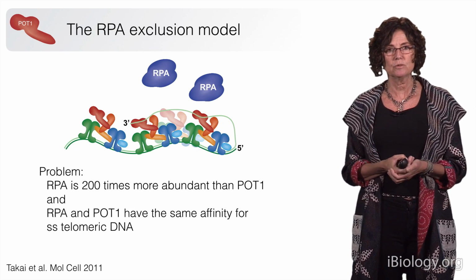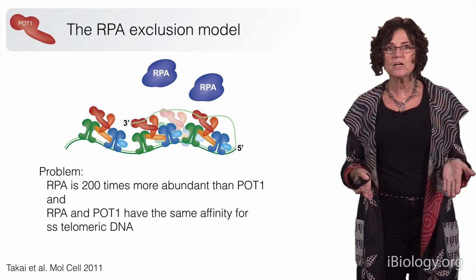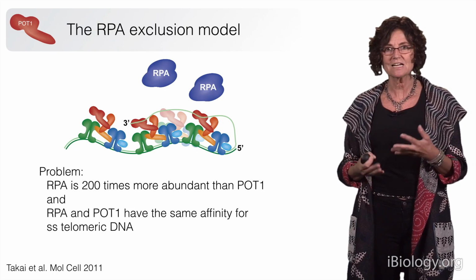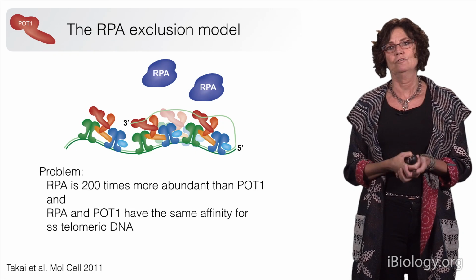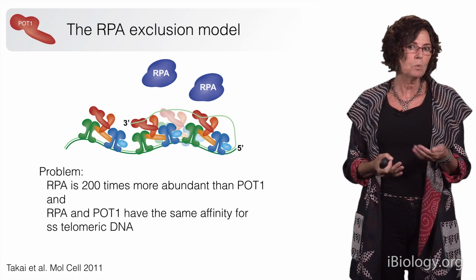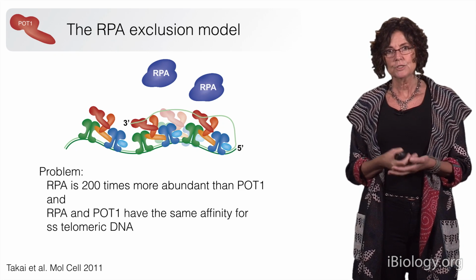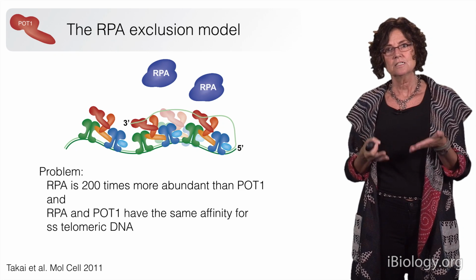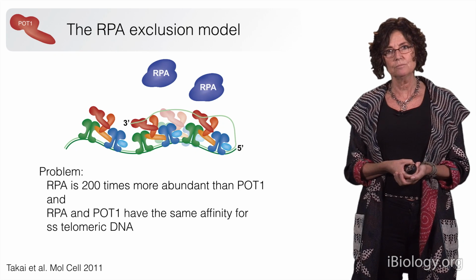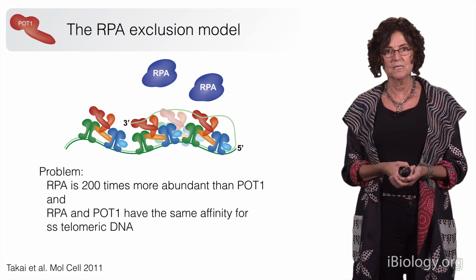Not a good situation. Furthermore, we found that RPA and Pot1 have exactly the same affinity for the telomeric DNA. So Pot1 doesn't have an advantage at that level either. So how then can this simple single-stranded DNA binding protein prevent RPA from binding?